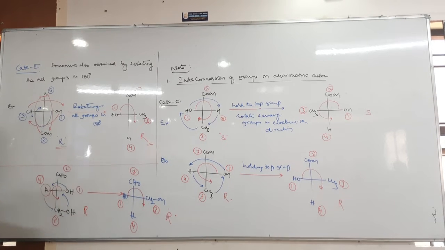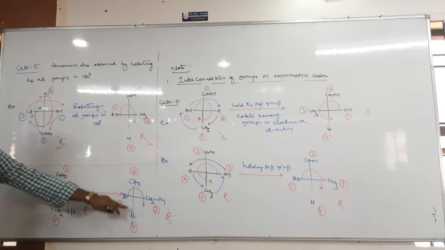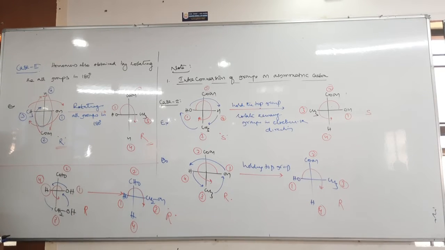You take the opposite, right? That is, you will get R only. So if the question is given like this, you have to change like this. But even without changing you can get it: if the group is on the horizontal line, you take the opposite direction. That's it. That is the shortcut method.